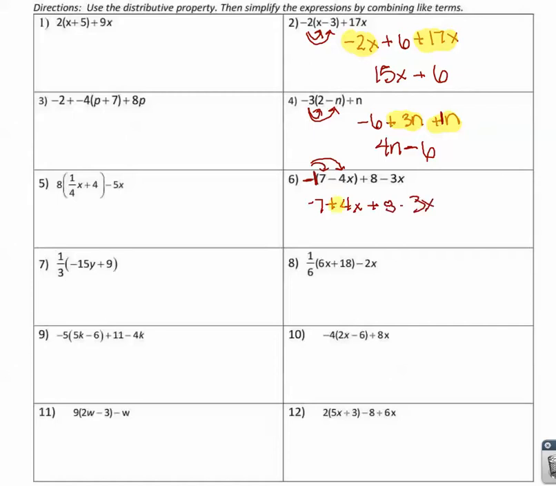Now go through and look at any like terms that you may have. So 4x minus 3x is 1x. Just write it as x. Negative 7 plus 8 is a positive 1.